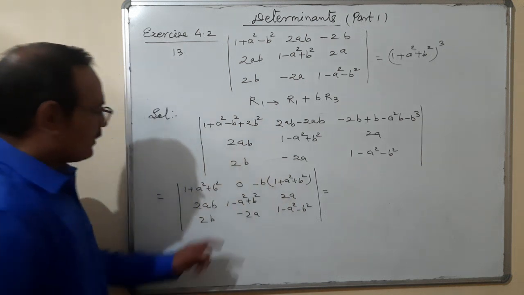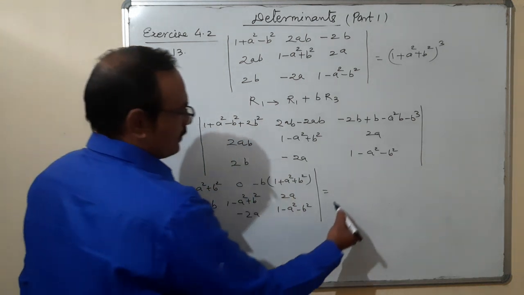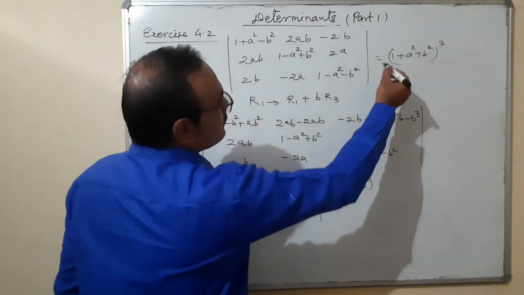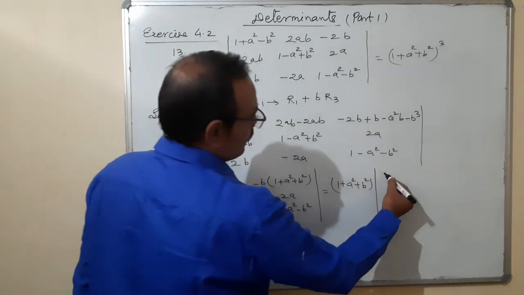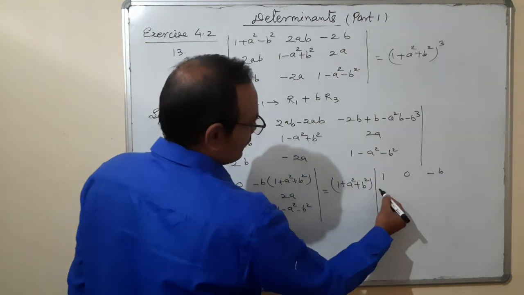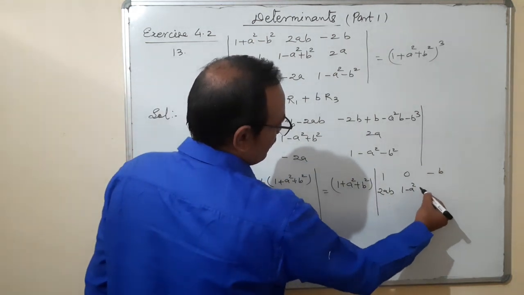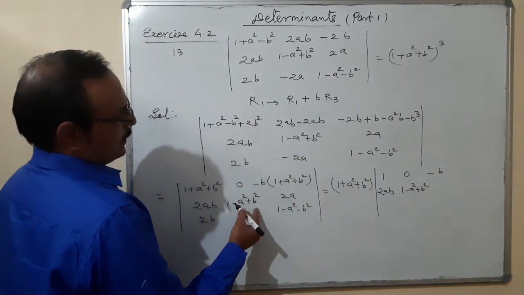Okay. 1 plus a square plus b square can be taken common from the first row. We have got this term. What is coming here? 1, 0, minus b. It is 2ab, 1 minus a square plus b square and 2a.